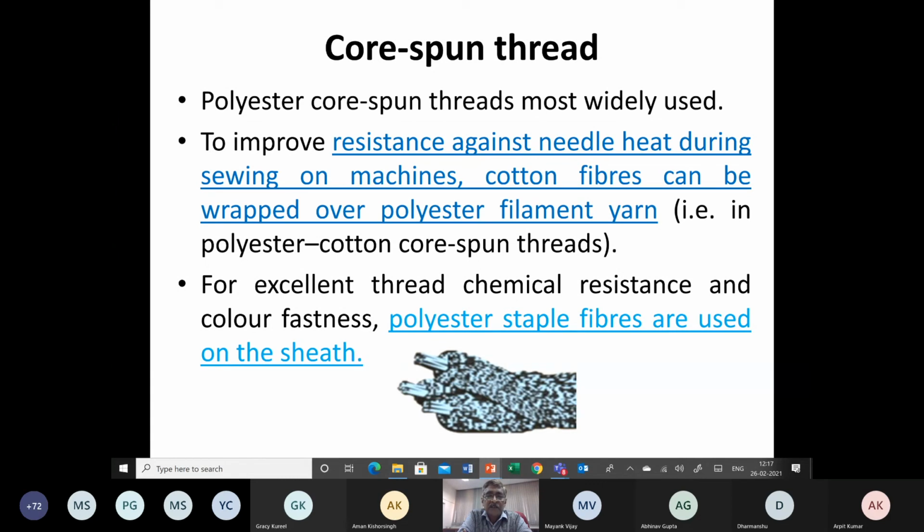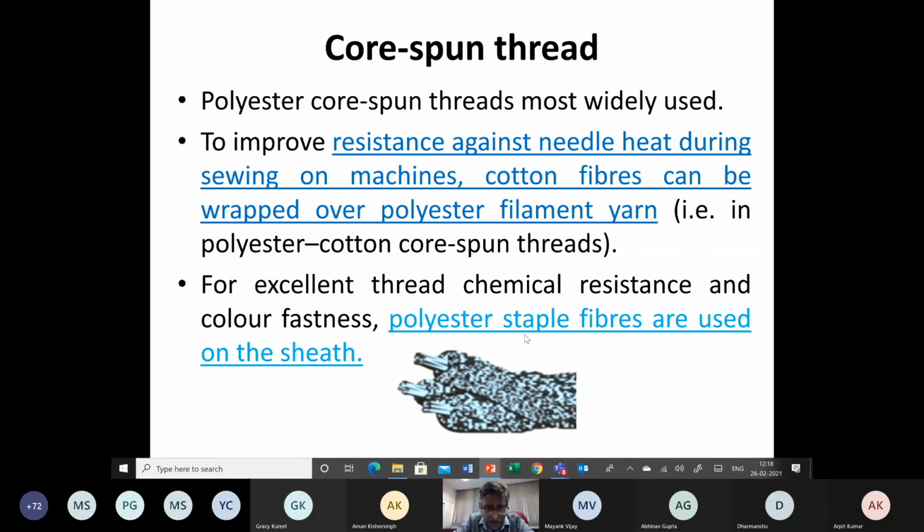When you use cotton fibers on the surface of the core spun threads, the color fades out. So there are some applications where color fastness is an issue, chemical resistance is an issue, strength is an issue. In all these cases, you have to go for polyester. That means polyester is the core, polyester staple fiber is on the sheath.